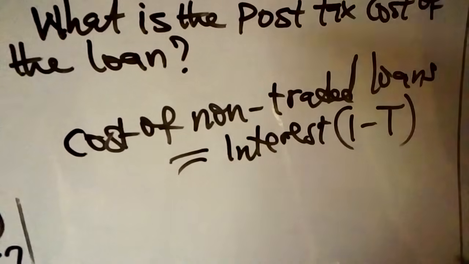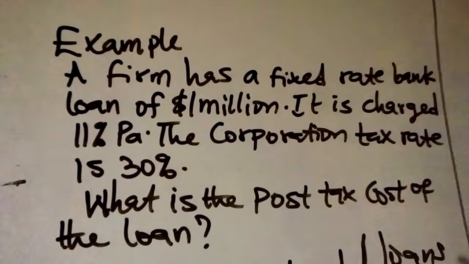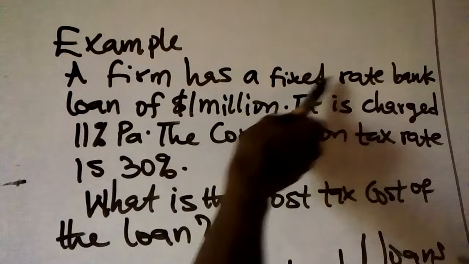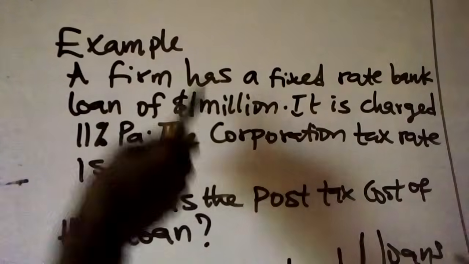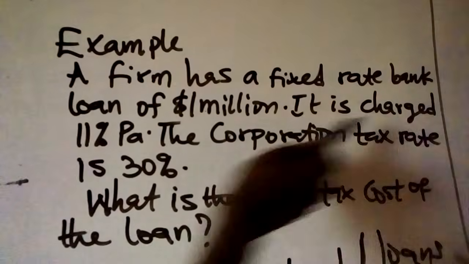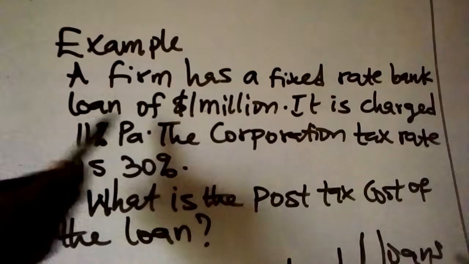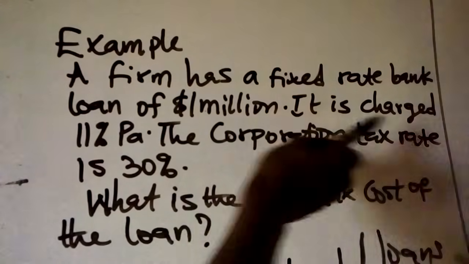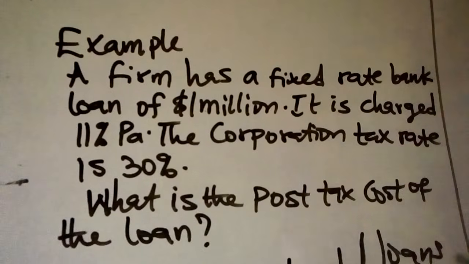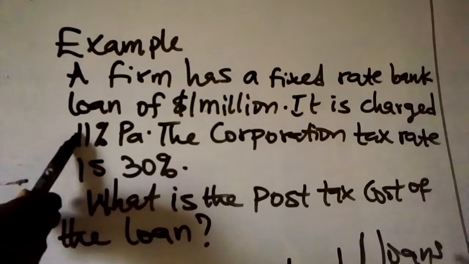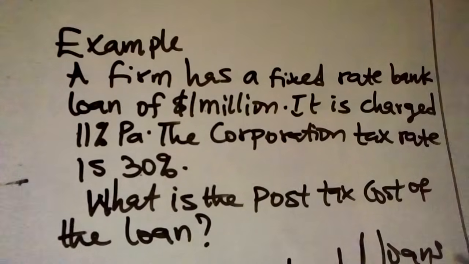So we want to solve the question above. If you go through the question above, we were told that a firm has a fixed rate bank loan of 1 million. It is charged 11% per annum. The corporation tax rate is 30%. What is the post-tax cost of the loan? So the interest rate is 11% and the tax rate is 30%.